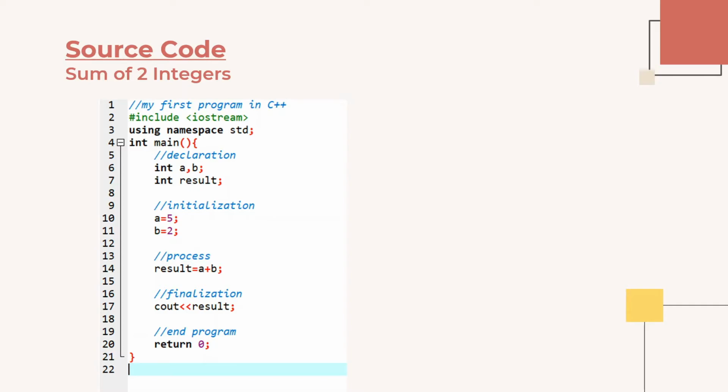Finalization is the step to end the program, and it includes displaying the result to the output device or screen and return 0. Return 0 is used to terminate and return a value. Because our program uses integer in the main function, it needs a return value. Then we use return 0 in order to terminate the program easily.